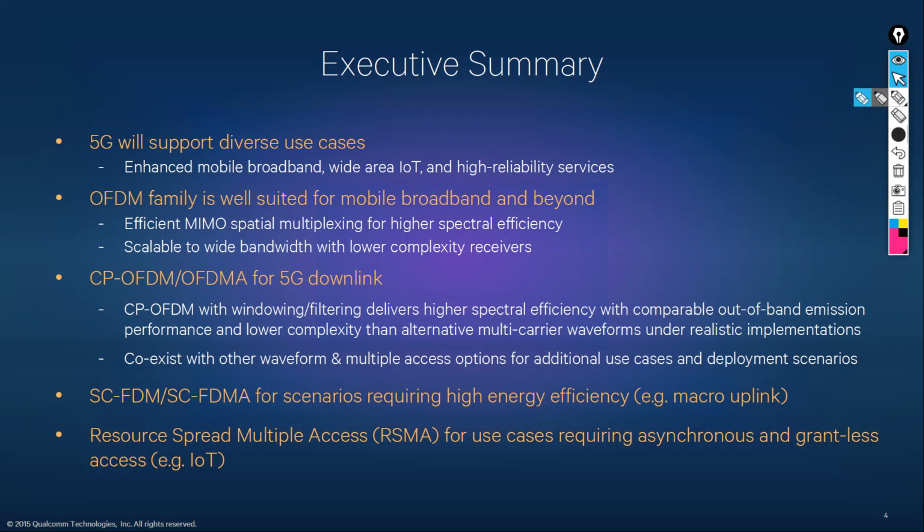5G is agreed to support diverse use cases. It's not like 2G, 3G, 4G, where you have only one use case and you try to satisfy it. You have massive Internet of Things communication, critical, highly reliable, low latency Internet of Things applications, and you have enhanced mobile broadband communication.